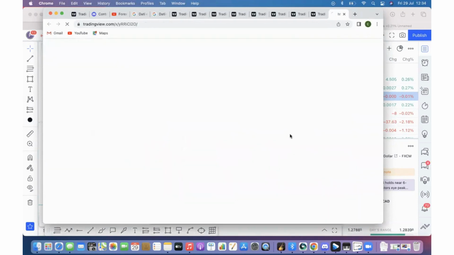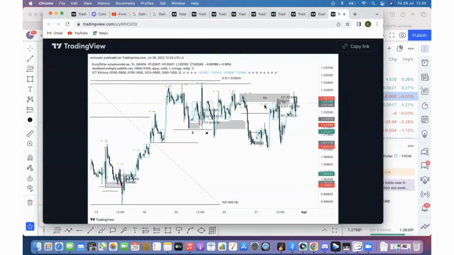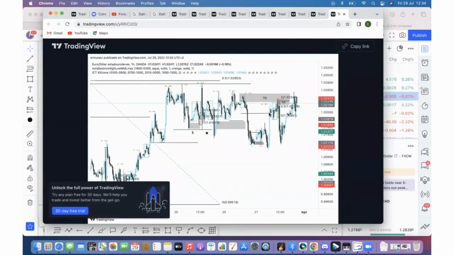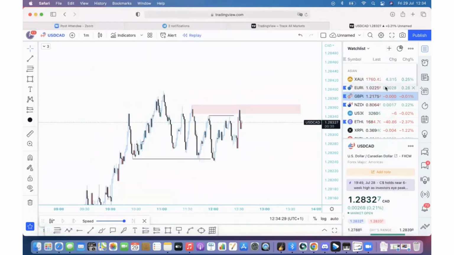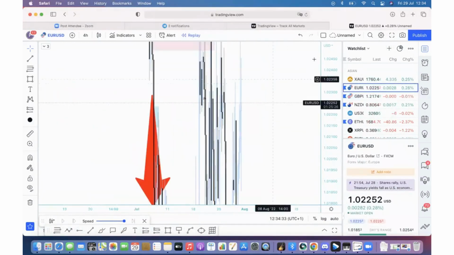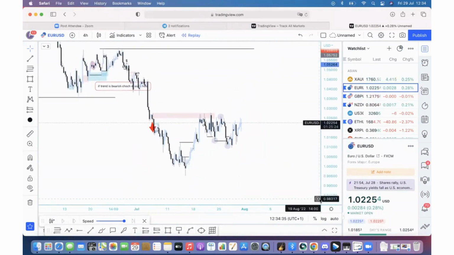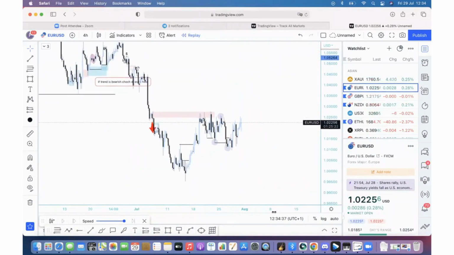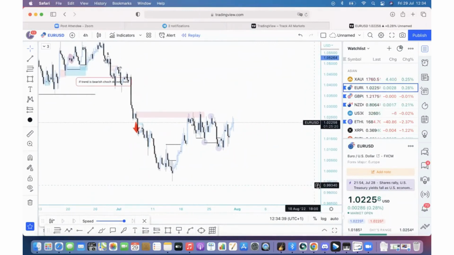Do we need to see buys on USD? No, not necessarily, but I'm not that interested in the sells for now. Overall, let me show you. Here we were on this uptrend.